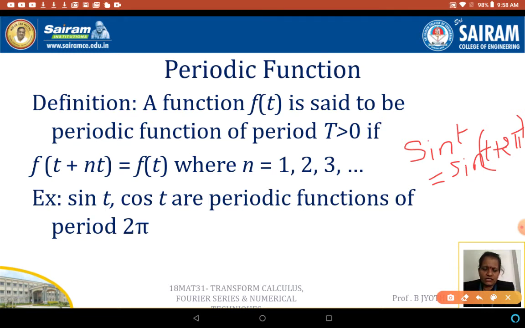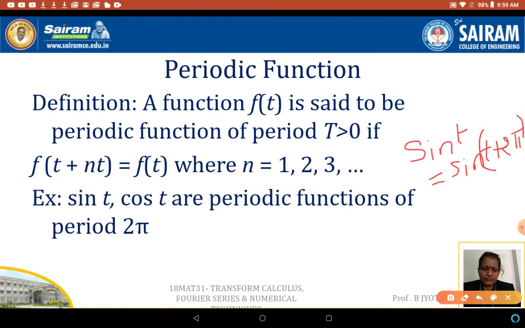So when it is sin of t plus 2 pi, 3 pi, 4 pi and so on, we will continuously get sin of t plus 4 pi, t plus 6 pi and so on.